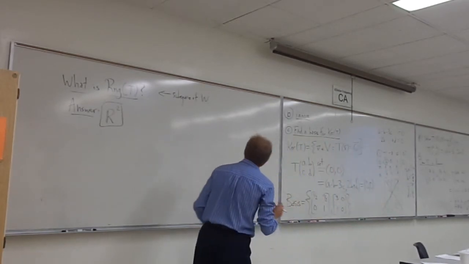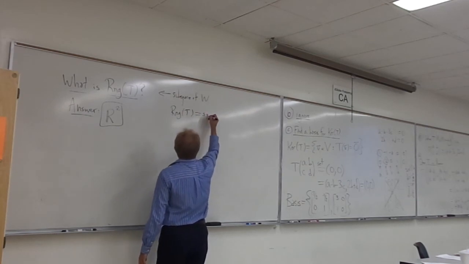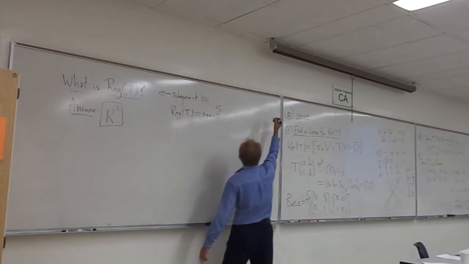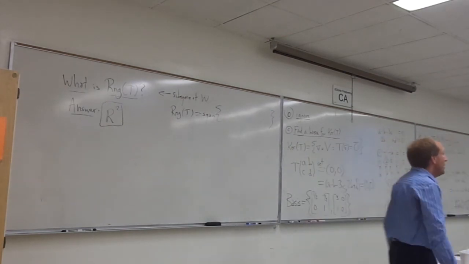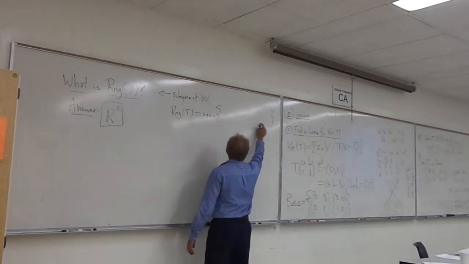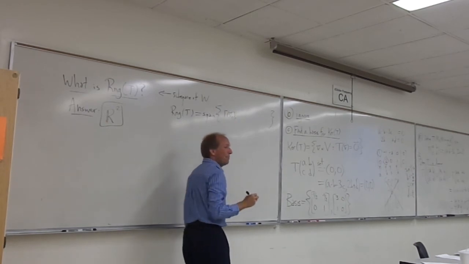This maybe should be on that list of formulas that I gave you at the beginning. The range of T is the span. So if it's the span of something, then it's a subspace. And what is in this list? We have to go back to the material from chapter 5.